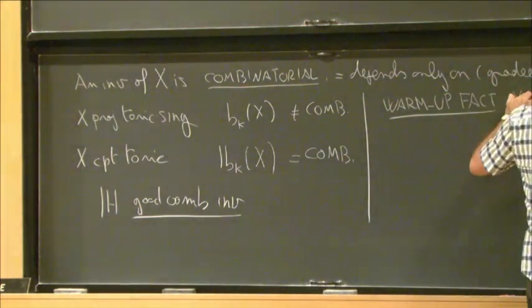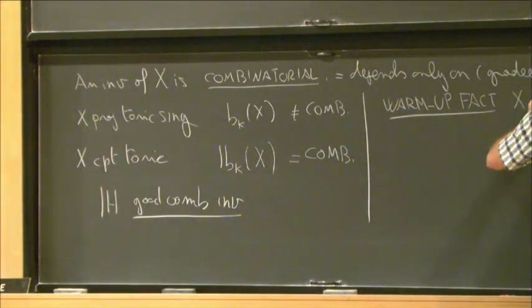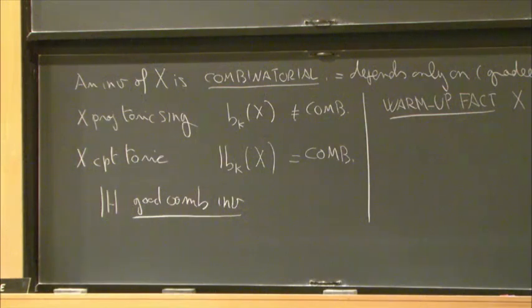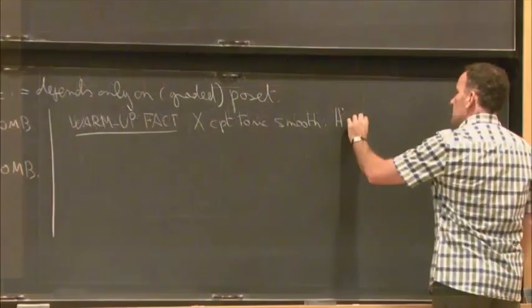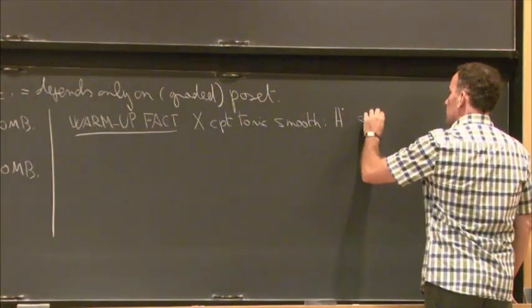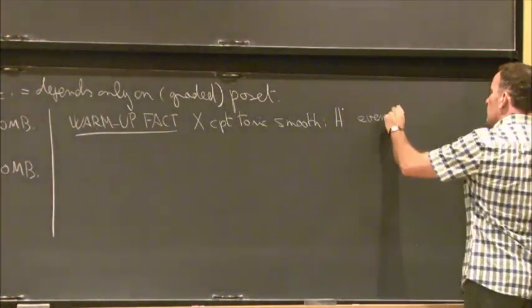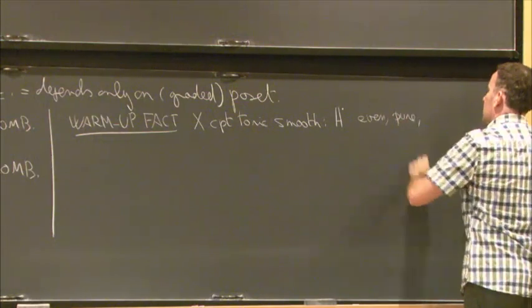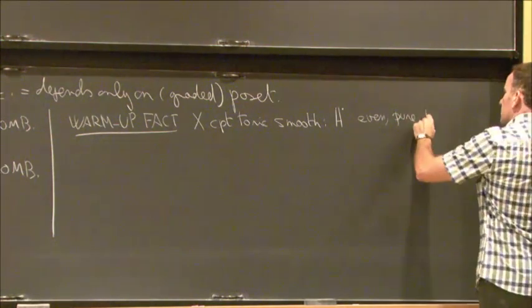So if X is compact, toric, and smooth, or simplicial, then its cohomology, which is also its intersection cohomology, is even, so in odd degree it is 0. It's pure. It's Hodge-Tate, so everything is (p,p).